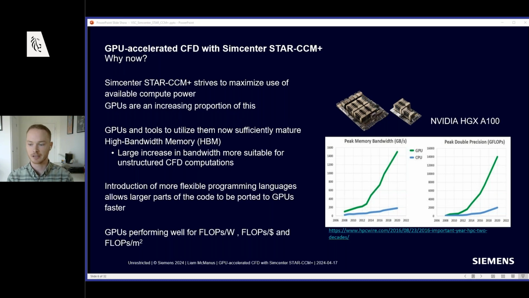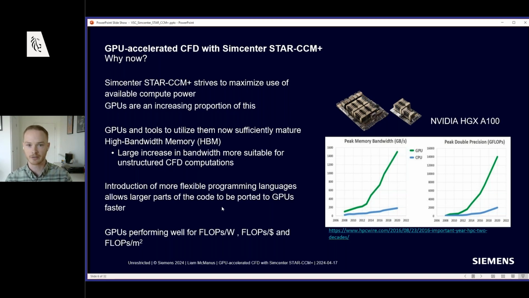So we expect to see continued improvements with regards to the performance metrics going forward. Another part of this as well, of course, was the introduction of more flexible programming languages, where we basically see it becomes a lot easier to move your code over to GPU.